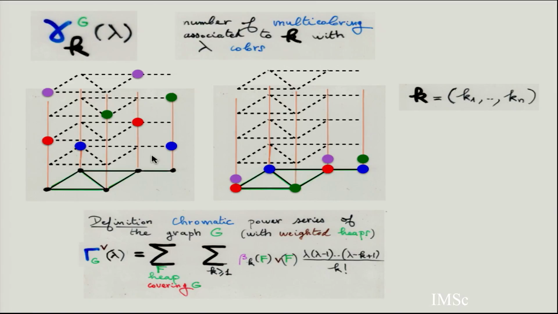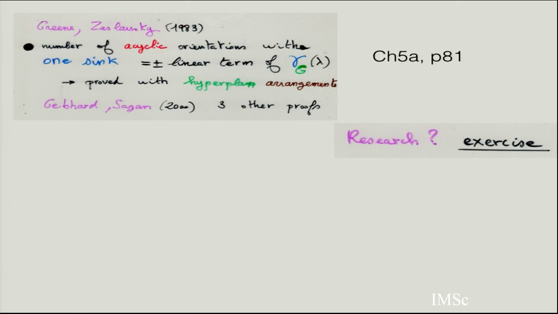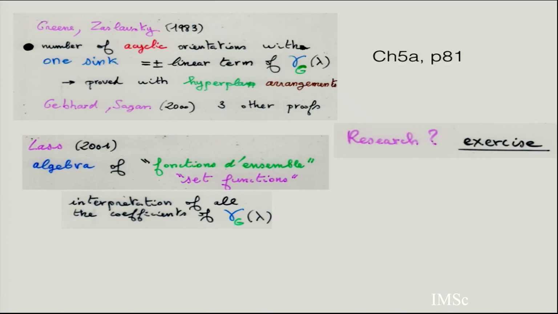And then last time I introduced a kind of research problem with Green-Zaslavsky, giving an interpretation of the number of acyclic orientations with only one thing. It's going to be related to the linear term of the chromatic polynomial. In fact, I had forgotten: I know Bodolas, and he told me about matroids and the chromatic polynomial, but I had forgotten his paper, in which he works with what he calls set functions, fonctions d'ensemble.